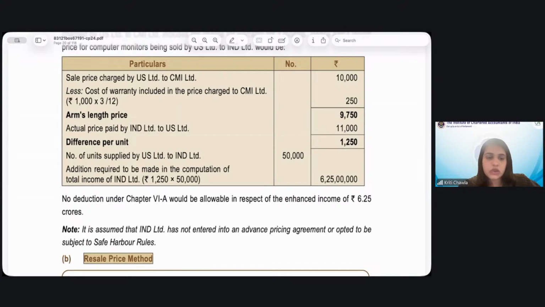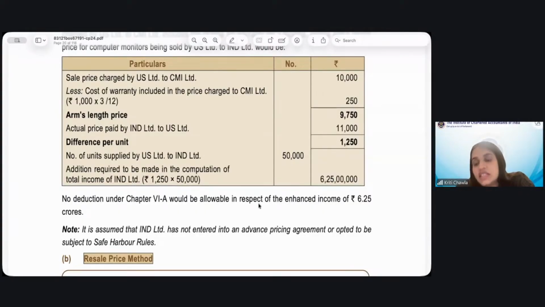And I'm going to put this question onto the portal also. Okay. So the question is, do you think secondary adjustment kind of situation will be applicable here?